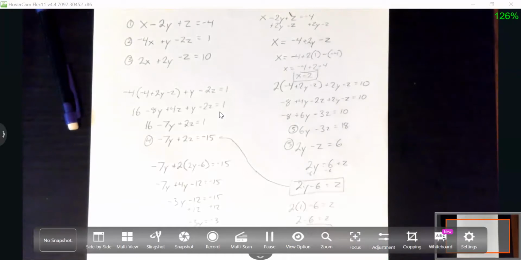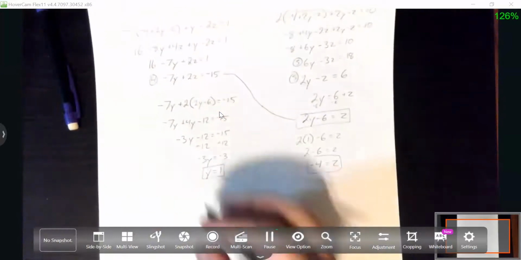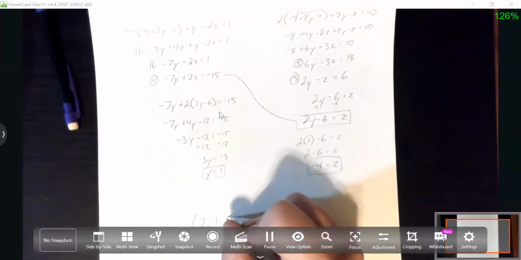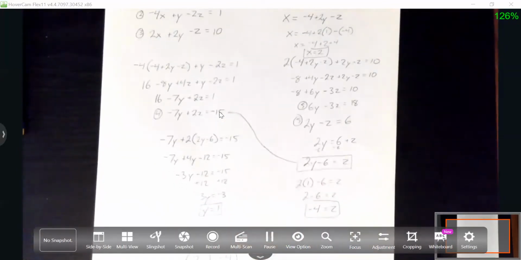Our final answer, since this is 3 variables, instead of being in ordered pairs, is an ordered triple. So my final answer is my x value, my y value, and my z value. We have solved the entire system now.